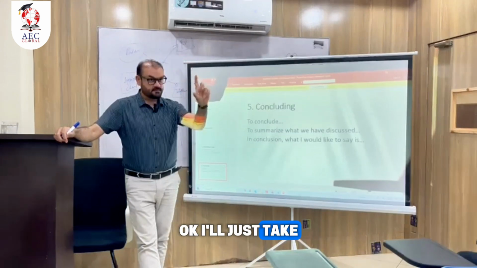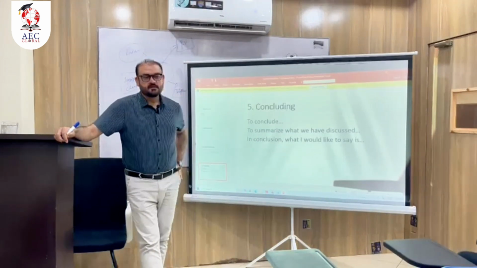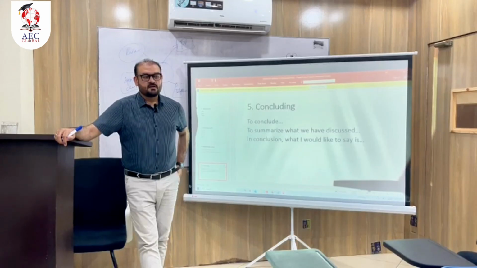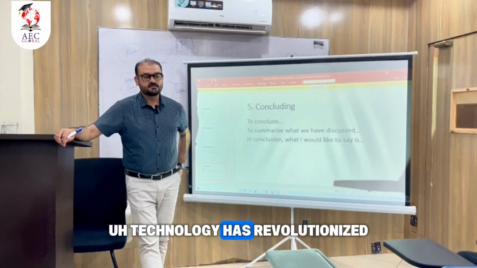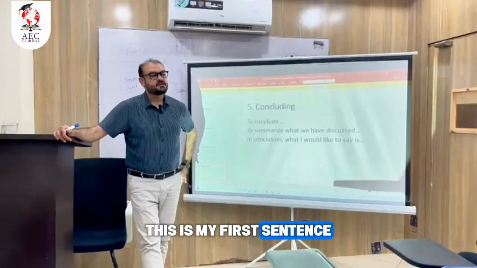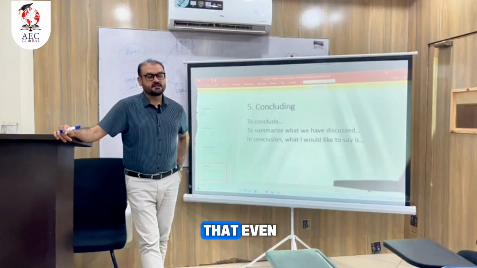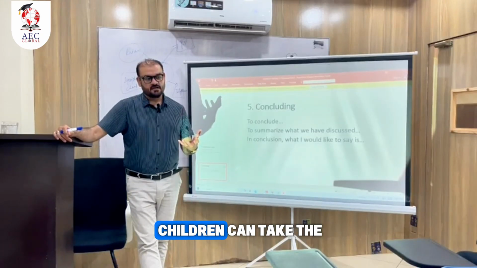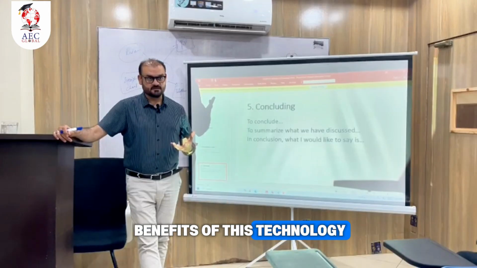Okay, I'll just take a few minutes and then I'll make examples. The first sentence, okay? Technology has revolutionized the society. This is my first sentence. And the last sentence: even young children can take the benefits of this technology.